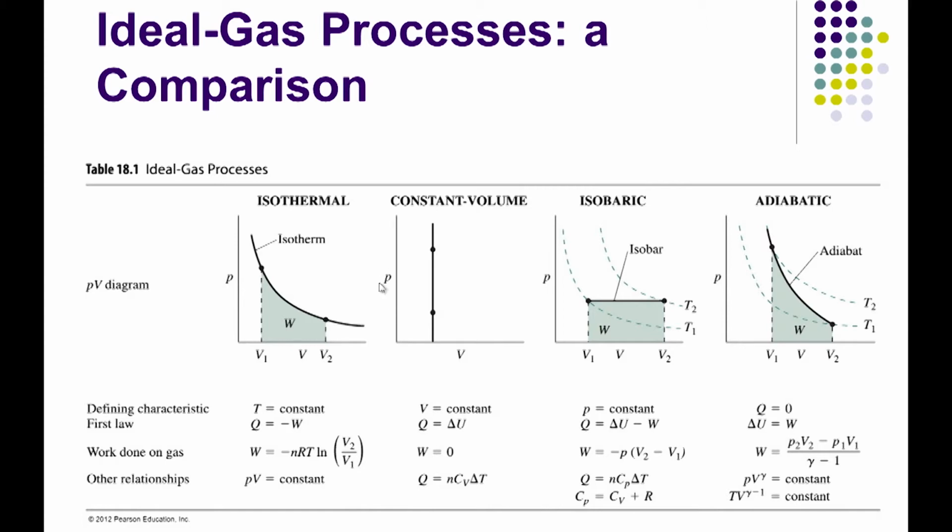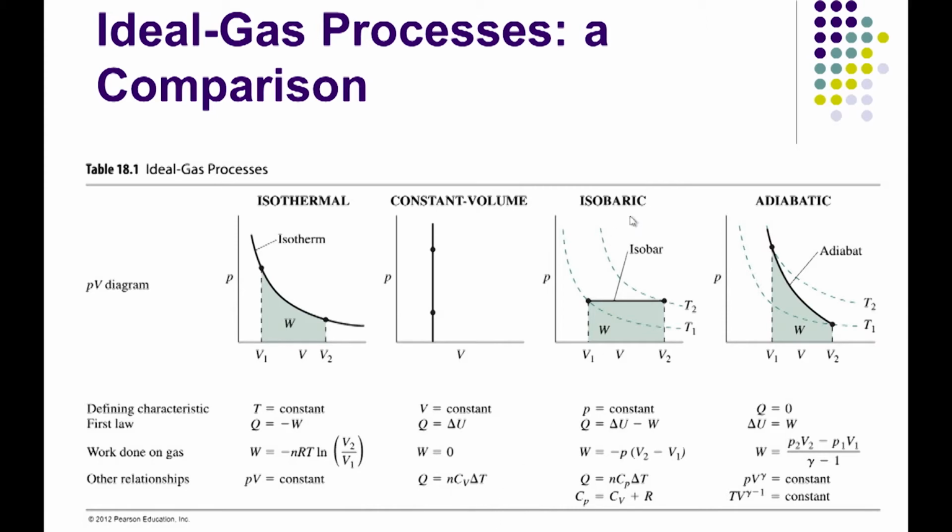The intensive variable here is pressure, the extensive variable is volume. In the isochoric model, volume is constant, Q then becomes equal to delta U, that means heat supplied is equal to the change in internal energy, work is 0, and Q we can calculate in terms of the specific heat at constant volume, that goes to n Cv delta T.